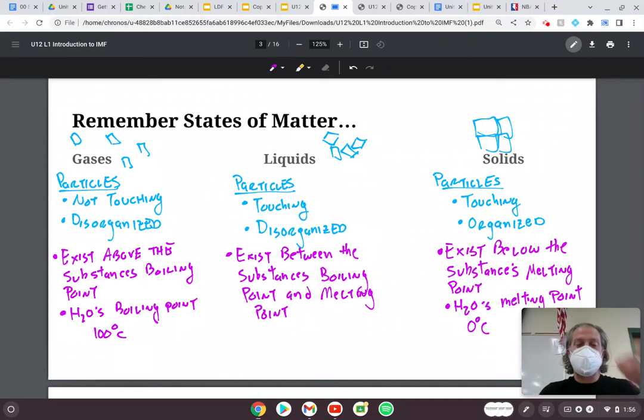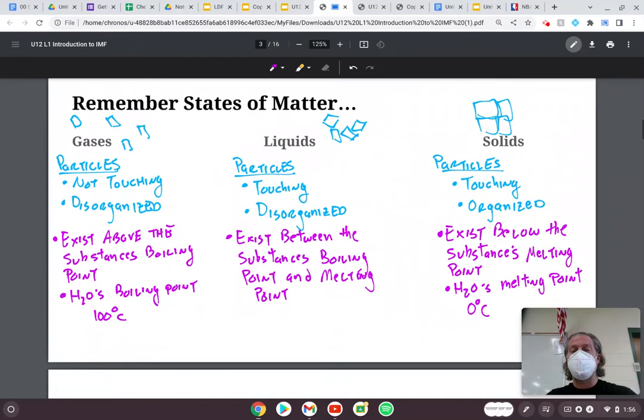So these are some things that we want to keep in mind. The idea of melting versus freezing point is something we're going to talk about in the future. But in reality, all substances have a melting point and all substances have a boiling point. And the temperature at which the boiling point or the melting point exists has a lot to do with what holds substances together.